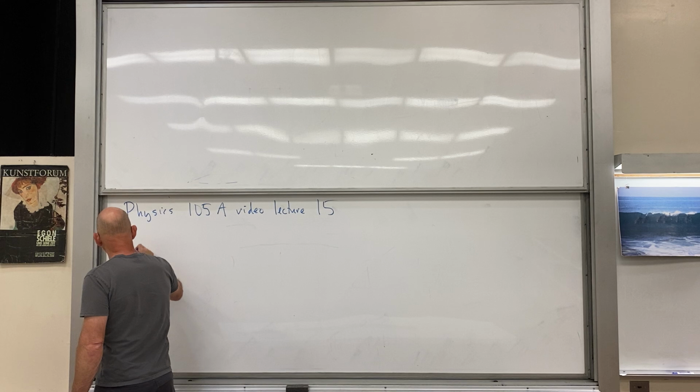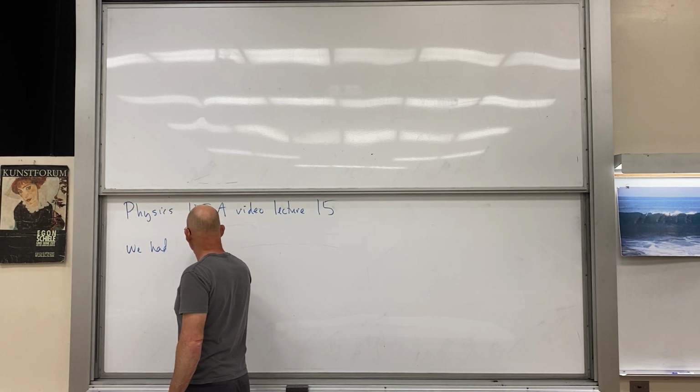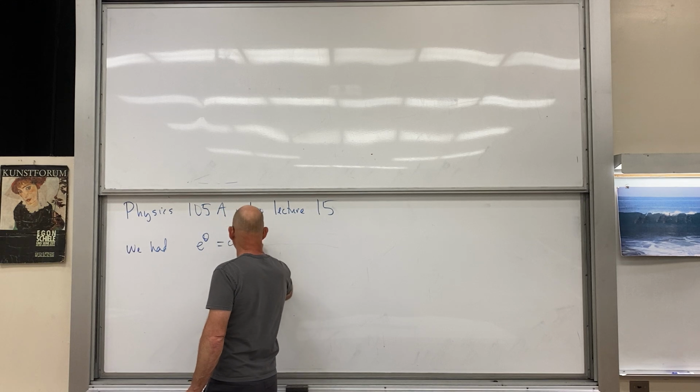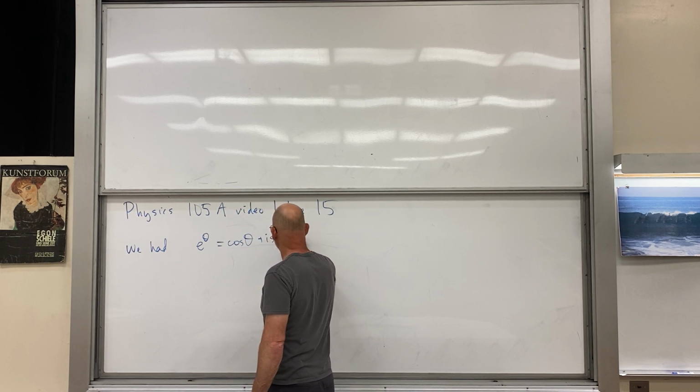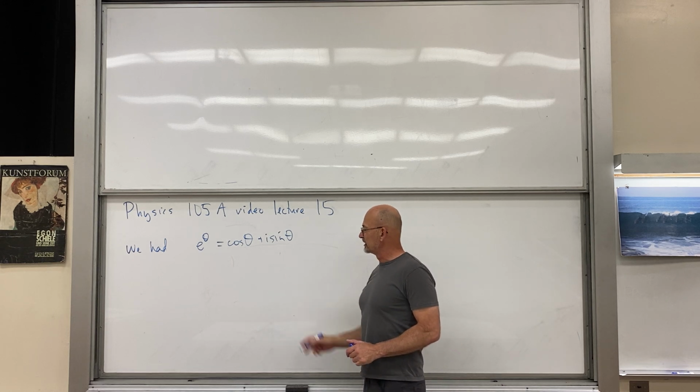So we had learned that, well, first of all, e to the i theta equals cosine theta plus i times sine theta. This is due to Euler, and we showed this.